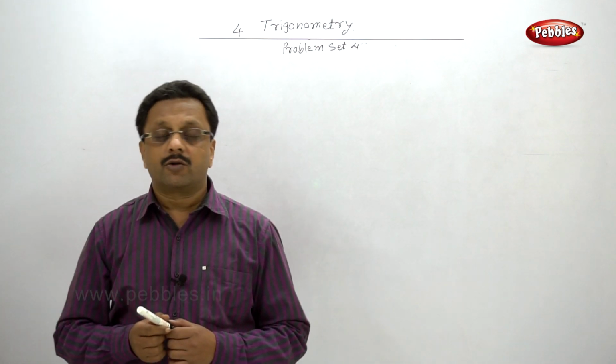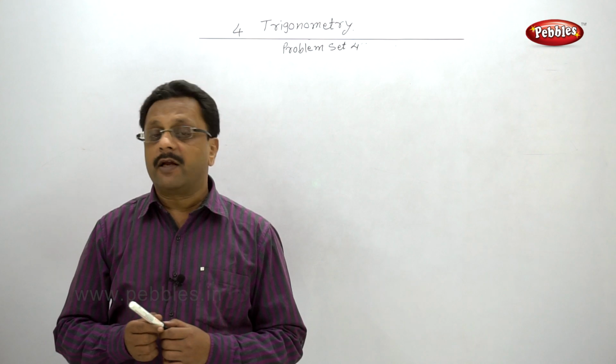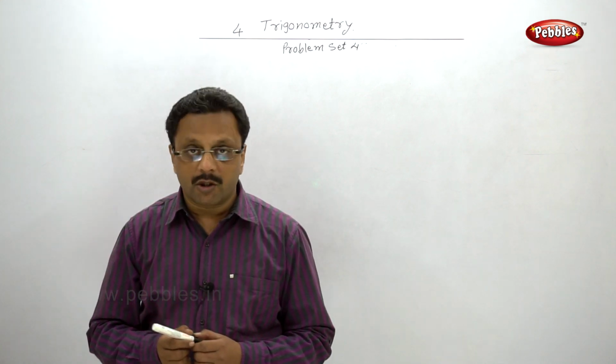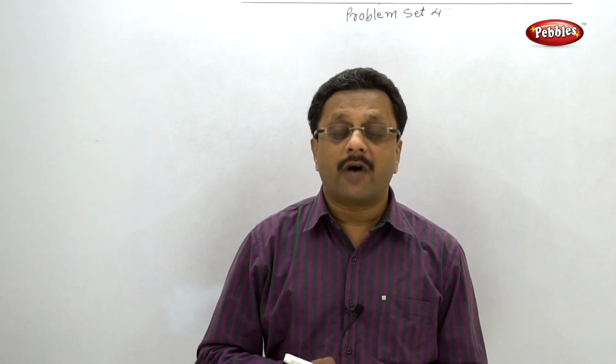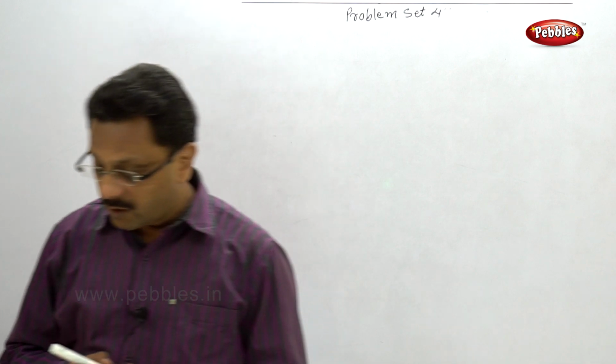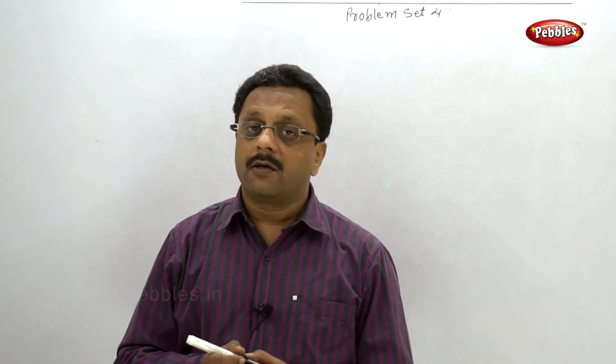Sec is the inverse of cos. You know x, you know y, so you can easily find out the value of r. And once you get the value of r, you can find out the value of sec theta, because cos theta is x upon r, so sec theta will be r upon x.